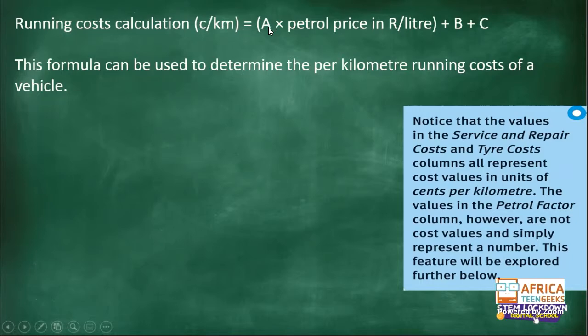You take the column A, which consists of the fuel factor, and then you multiply that with the current value of the petrol liter in rands, and then you add the column B, which talks of the maintenance of the vehicle, which is service and repairs, and then you also add C, which is the cost of the tire, how much the tire costs per kilometer.